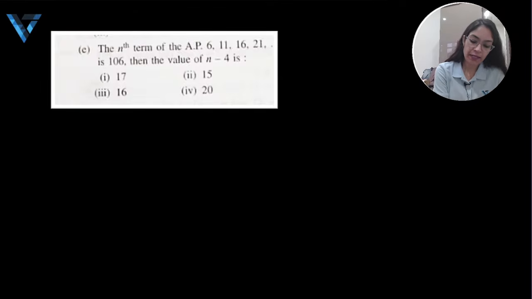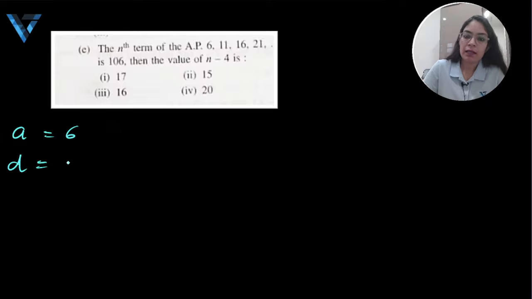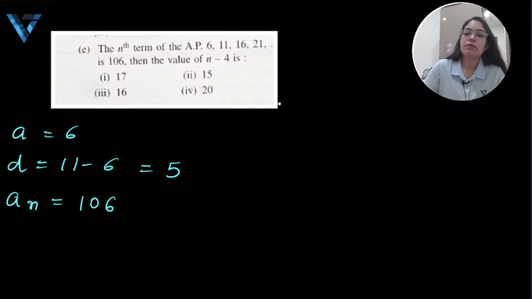It's given to us A is 6, D is 11 minus 6, second term minus first term, which is 5. Then AN is given to us as 106. We have to find the value of n minus 4.